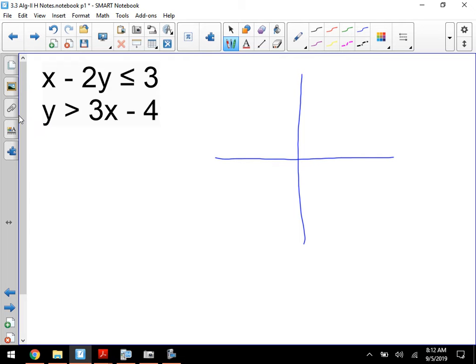First inequality, what are your x and y intercepts? Okay. So is it positive or negative?